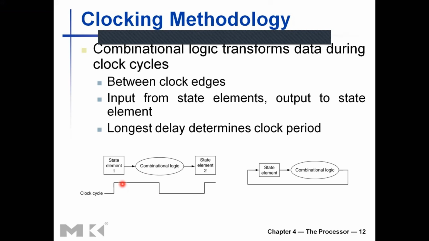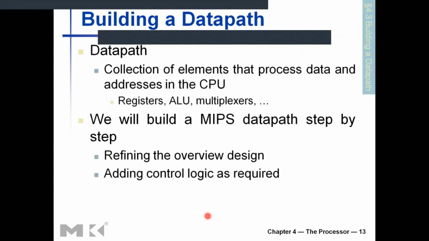So in that case, we need to define the clock cycle to accommodate even the slowest combinational element that we have. We refer to that as the critical path. From the instruction fetch to the next instruction fetch, the longest delay path is the critical path, and that critical path will define the size of the clock cycle. Right, so next what we'll be doing is building a data path.